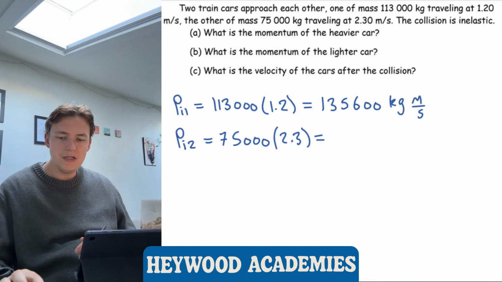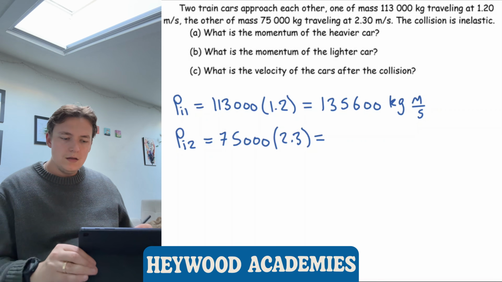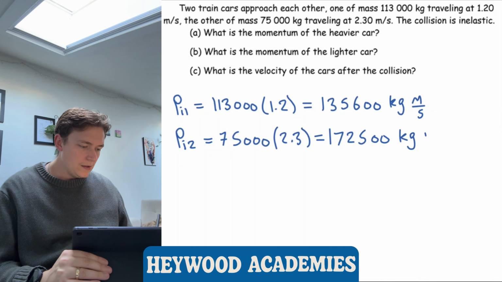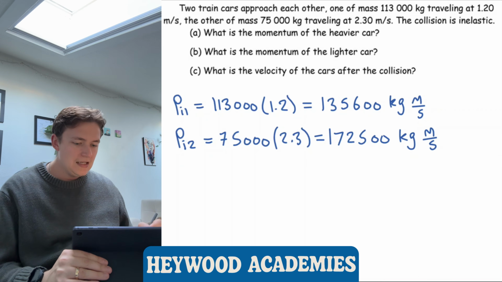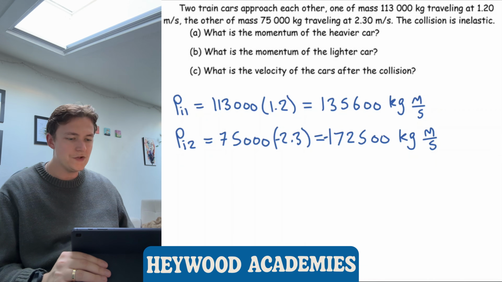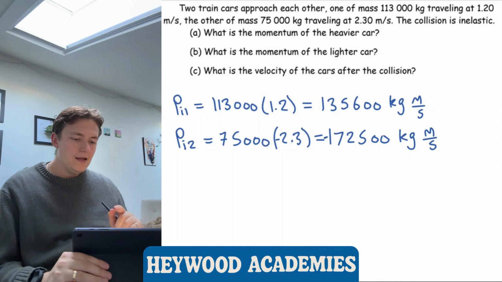Okay, so then we can plug those in. 75,000 times 2.3 is 172,500 kilograms meters per second. And I didn't do what I just said I was going to do, which is make this one negative. So we're assuming that the heavier one is moving to the right, so it's positive. The lighter one is moving to the left, so it should be negative.